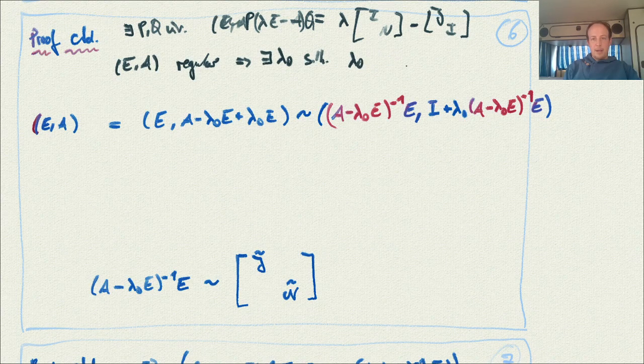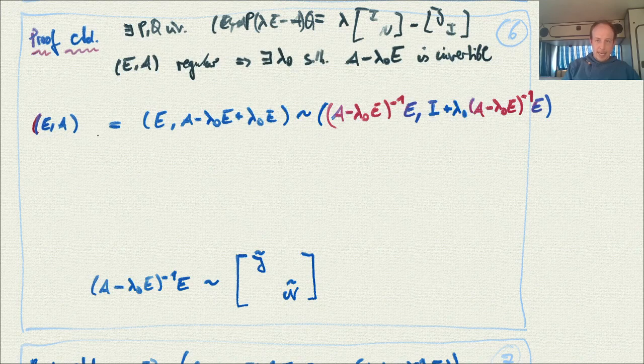Let me write this the other way around because we will use it that way. We had the definition of regularity slightly different, but it's just multiplying by minus 1, and this will not change invertibility of such a matrix.